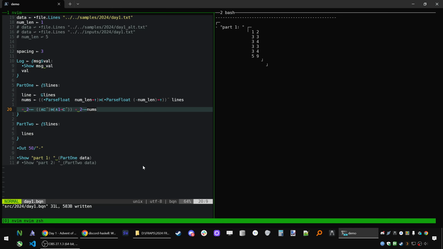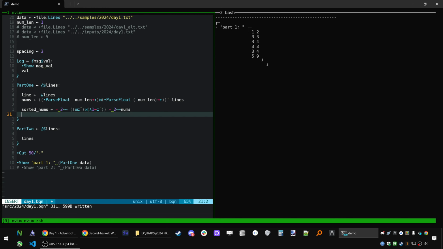So now, for each cell, I want to just get the difference, which is super easy. We'll call it sorted nums, just to give it a name, but we don't need a name. For each difference, we want to actually just do minus. I think this will be this sorted nums. No. I want to fold it.